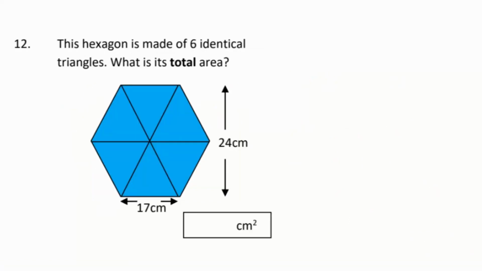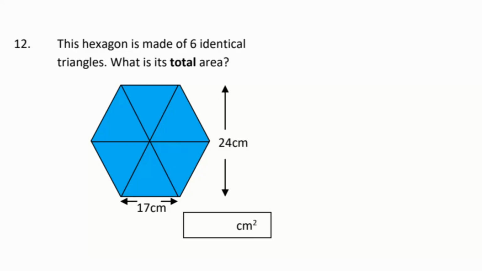In this question, we have to find the area of the hexagon. So how are you going to go about doing that? It tells you that this hexagon is made up of 6 identical triangles. That means 6 triangles that are exactly the same.